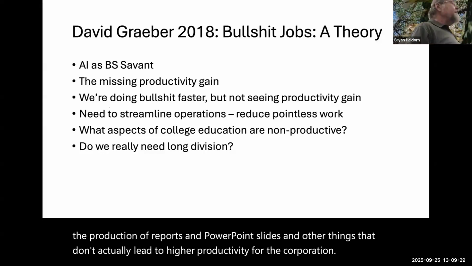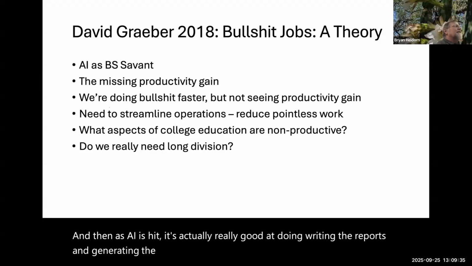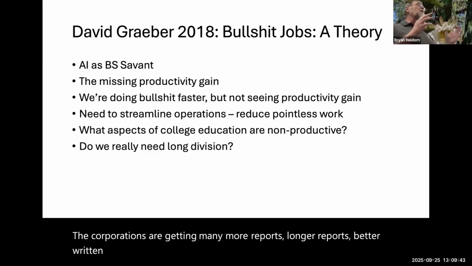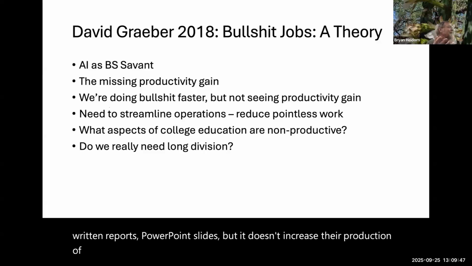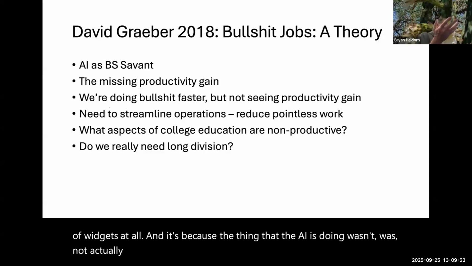And as AI has hit, it's really good at writing the reports and generating the PowerPoint slides and all of that stuff. Corporations are getting many more reports, longer reports, better written reports, and PowerPoint slides, but it doesn't increase their production of widgets at all. And it's because the thing that the AI is doing was not actually helping the corporation in the first place.